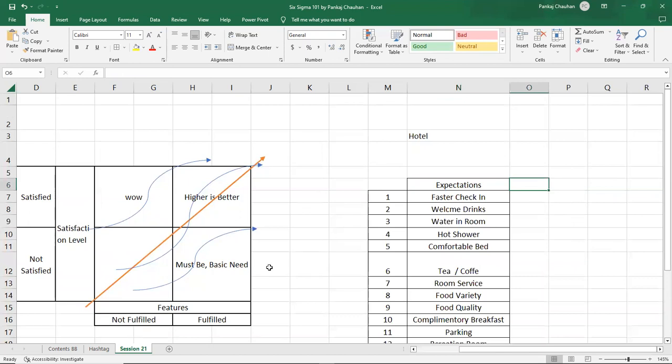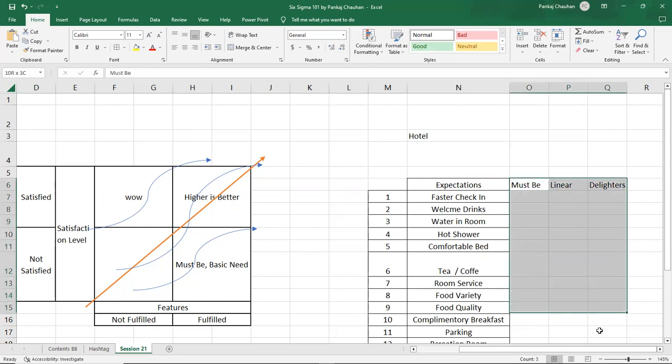The three categories are: one is the basic need, which means it has to be present, must be. Second, linear requirement, which is higher is better. And the third one is your wow, which means exciters or delighters.